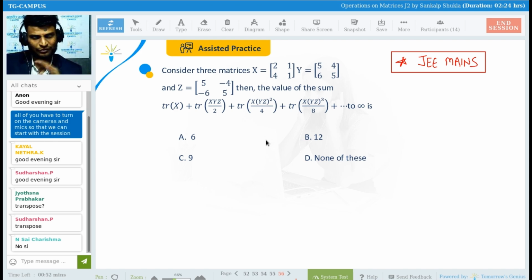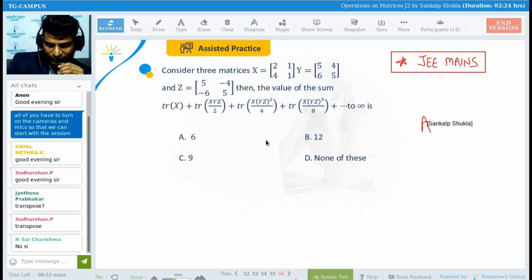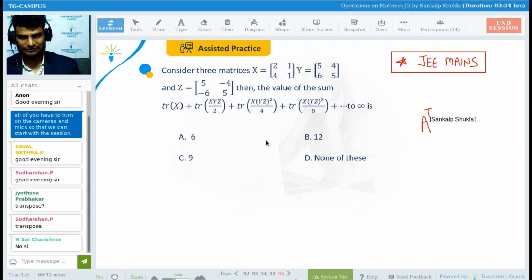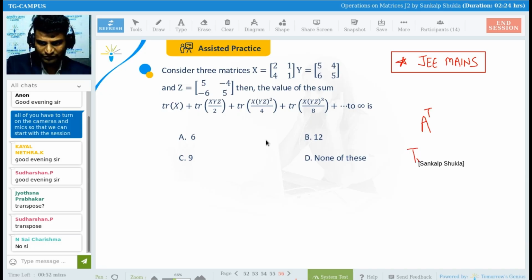Sudarshan, transpose is something else. A transpose is the representation of transpose. TR of X is known as trace of matrix. Now what do you do in this trace?